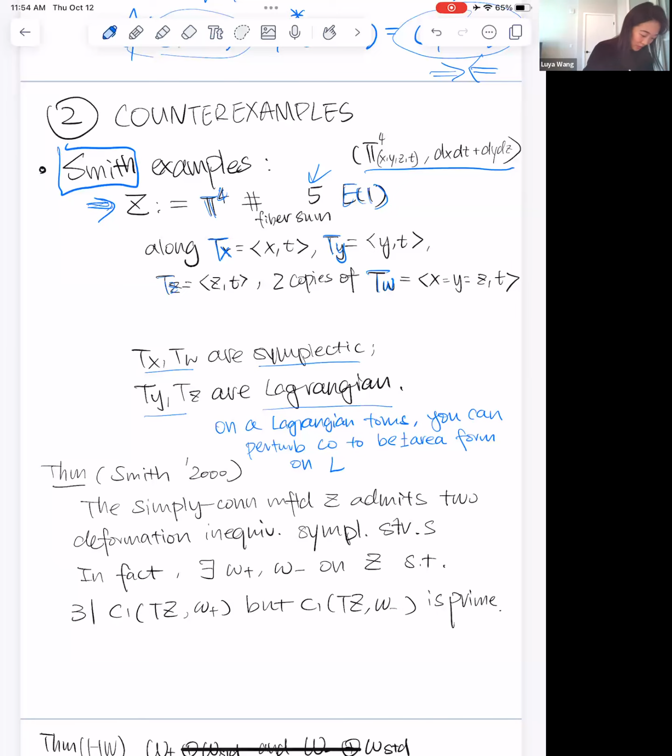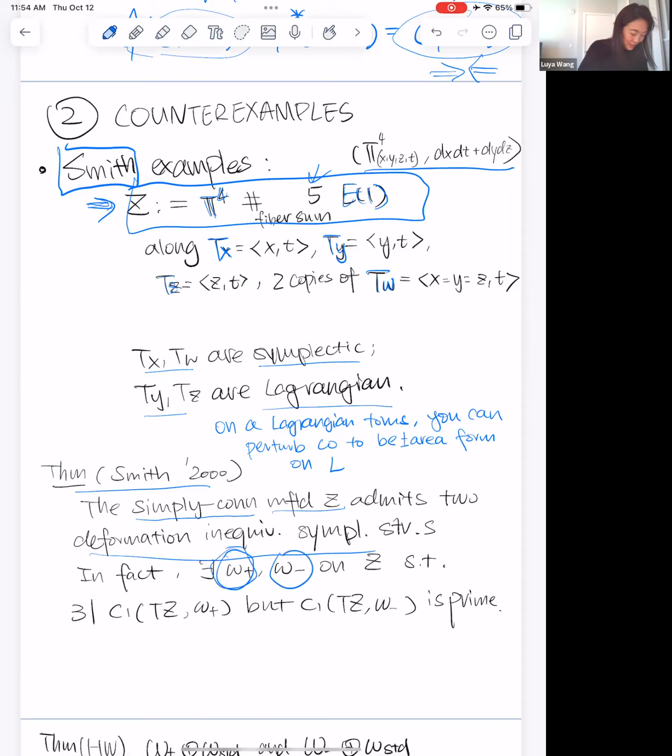Let me tell you what he actually stated. He showed that the simply connected manifold Z, this one, admits 2 deformation inequivalent symplectic structures, omega plus and omega minus.